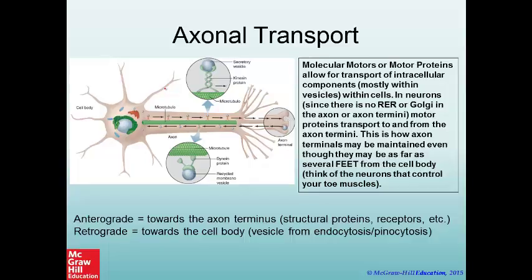Motor proteins transport these. Kinesin is your anterograde motor protein, and dynein is your retrograde motor protein. We also discussed the fact that myosin and actin interact. Myosin is a motor protein that transports things within the cell as well, but it attaches to microfilaments, which are made of actin.